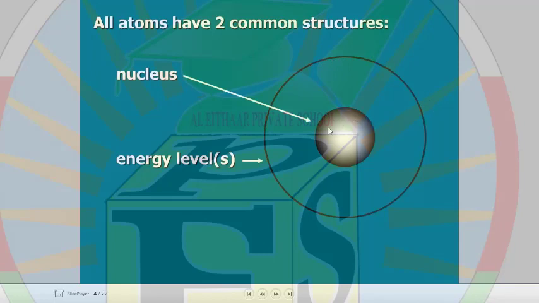And this small sphere or circle is known as the nucleus. So all the atoms, even if it is oxygen, nitrogen, carbon, fluorine, chlorine, bromine, iodine, anything, all of them will have the energy shell and the nucleus. These are the same things in all atoms, but atoms differ in the number of protons, neutrons and electrons. We will see it further.